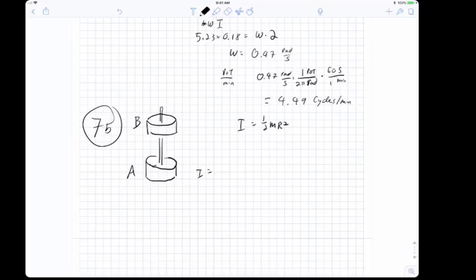Disk A has radius 40 centimeters and mass 2 kilograms, and this one has mass 2 and radius 20 centimeters. So the moment of inertia at the top is 0.04 and the moment of inertia at the bottom is 0.16.